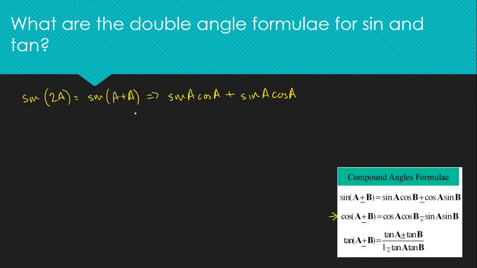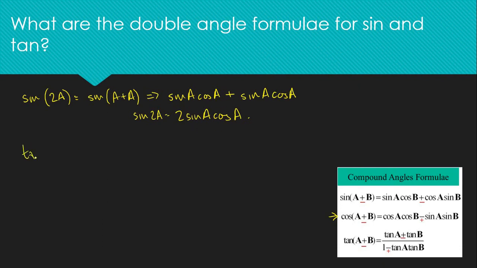So what you actually get is that sine of 2a, the double angle formula for sine, is 2 sine a cos a. Okay, nice and easy. There's no tidying up you can do with that. You can't do anything really great with it, but that's it. Okay, it is useful. It's really handy for something, but just yet, that's kind of as simple as it gets.